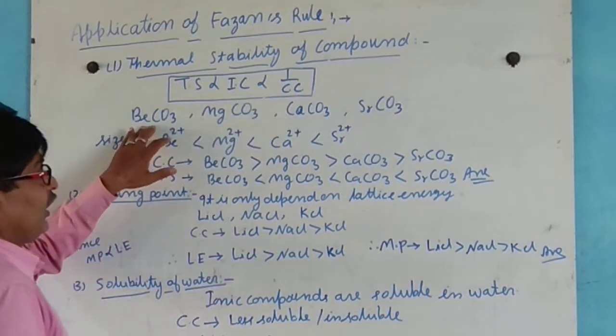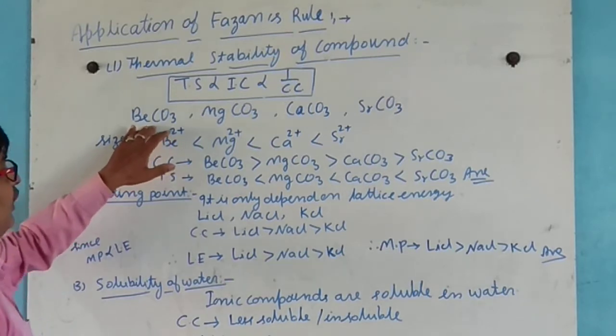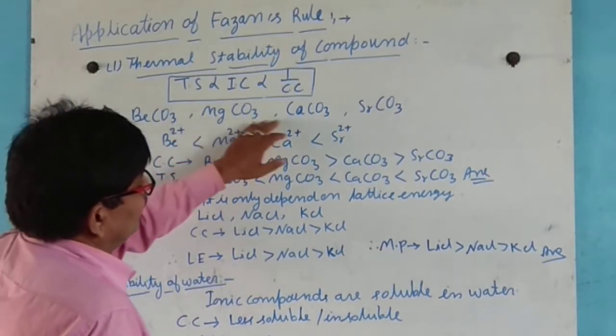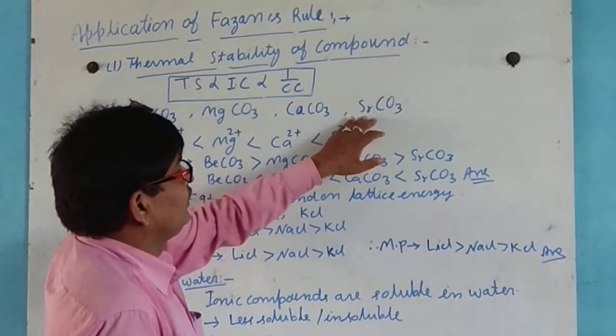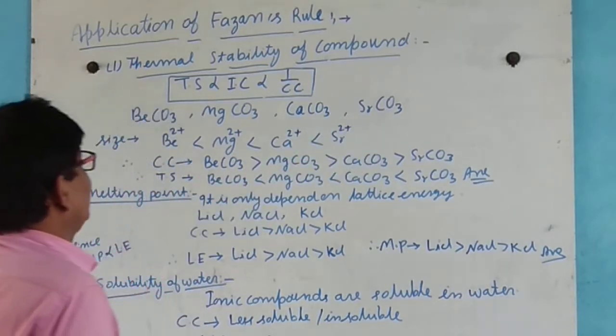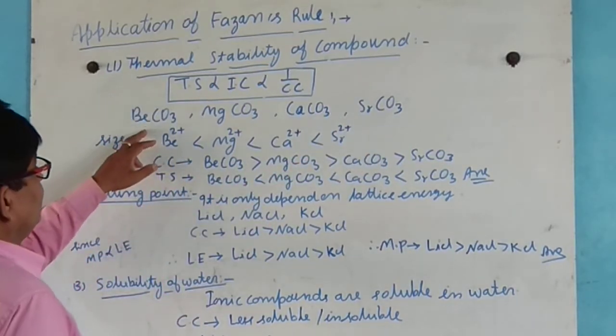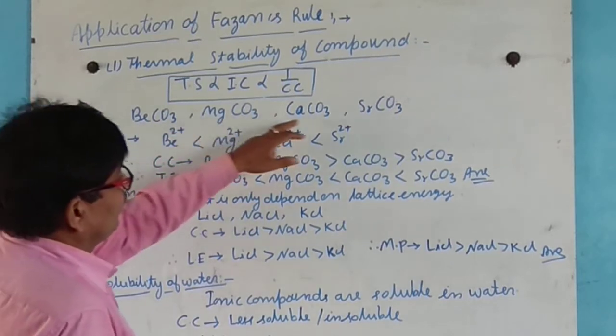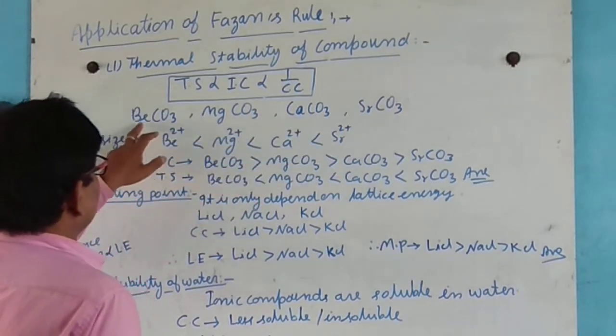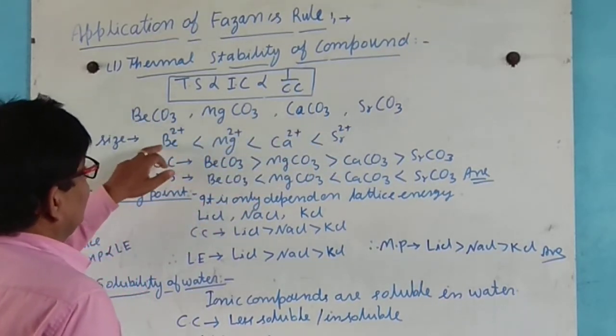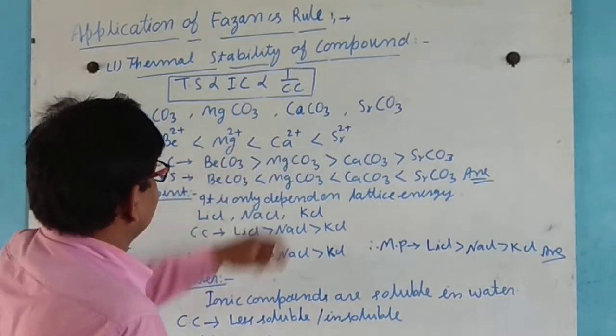We take an example: beryllium carbonate, magnesium carbonate, calcium carbonate, and strontium carbonate. Here CO3 is common, and we take the cations beryllium, magnesium, calcium, strontium.